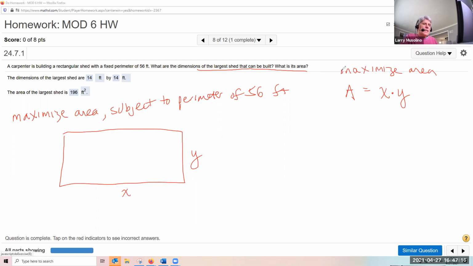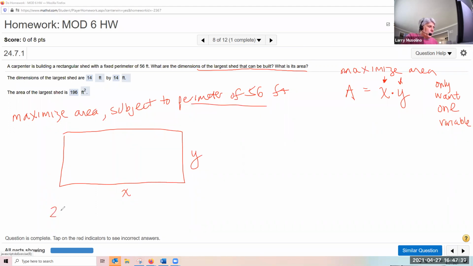Well, before I take the derivative of area, I want to get only one variable in this equation. Notice right now I have an X and a Y, but I only want one variable, either X or Y, but not both.